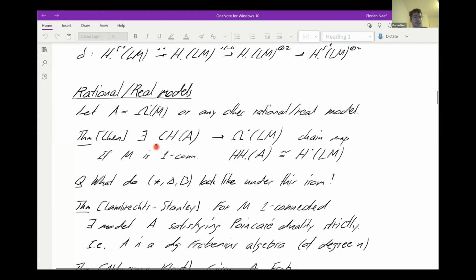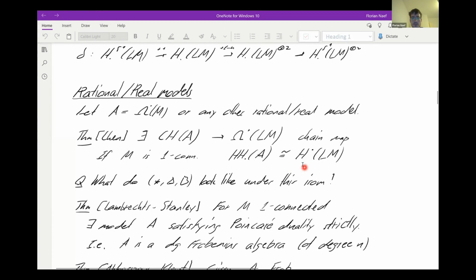A bit more precisely, Chen defines a map from Hochschild chains, where CH is going to be Hochschild chains, into some version of differential forms on this infinite dimensional space of loops. And he shows that this is a chain map. And moreover, if M is simply connected, then this is a quasi-isomorphism.